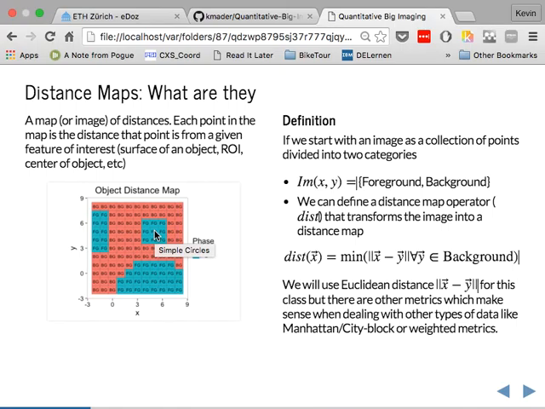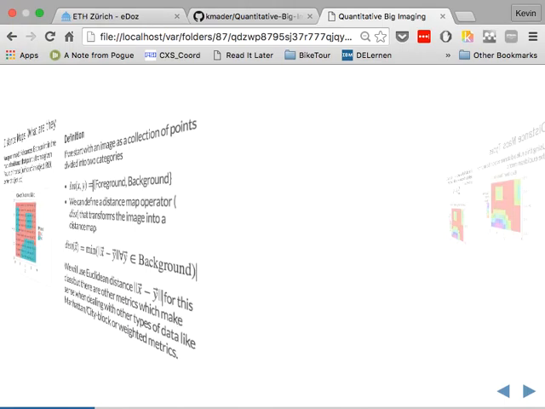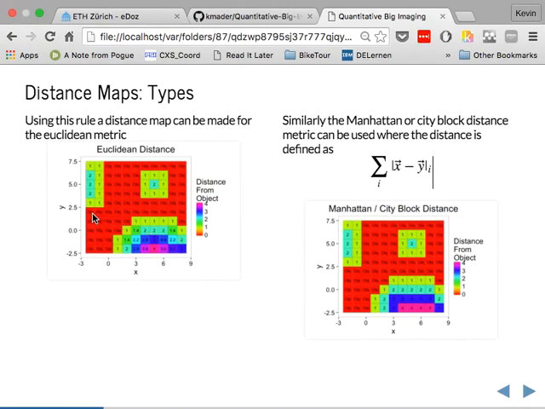So we can calculate this for all the points in the image, and we get this result. This one's 2. Sorry, this one's 2 because it's 2 away from that edge. The square root of 2 is when it's just touching an edge diagonally.